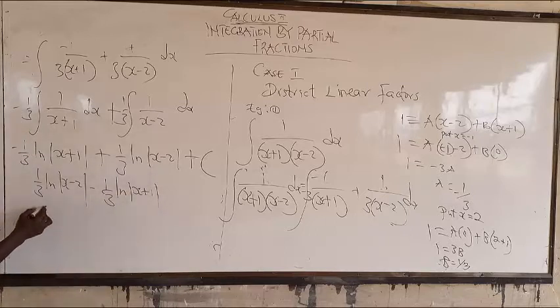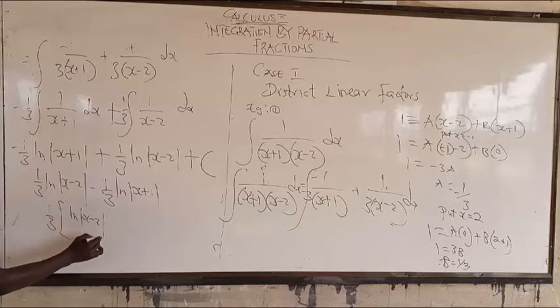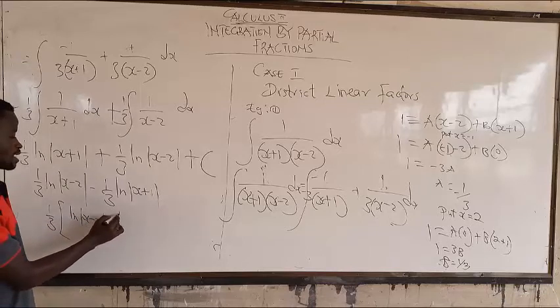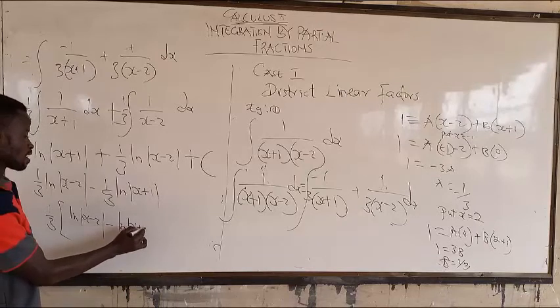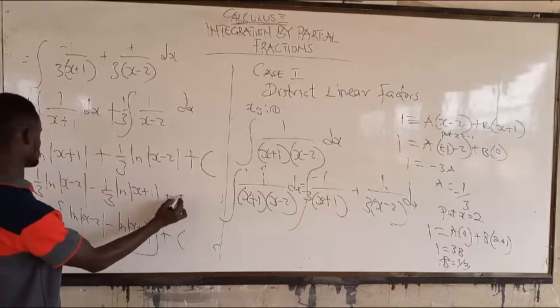So here when you factor 1 over 3 out, you are going to get ln of s minus 2 minus ln of s plus 1, plus c.